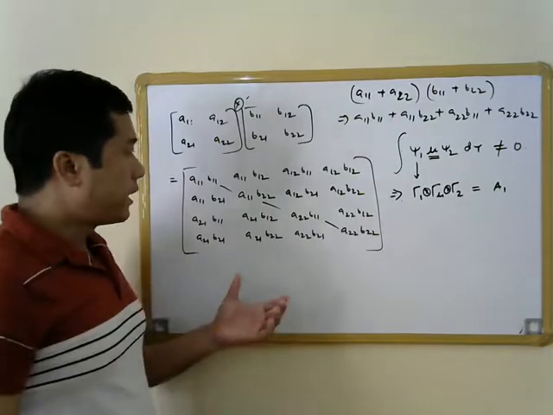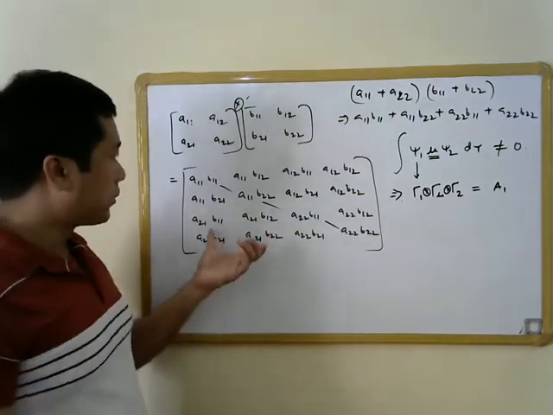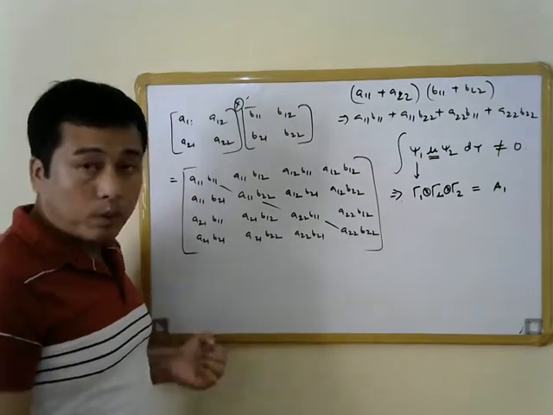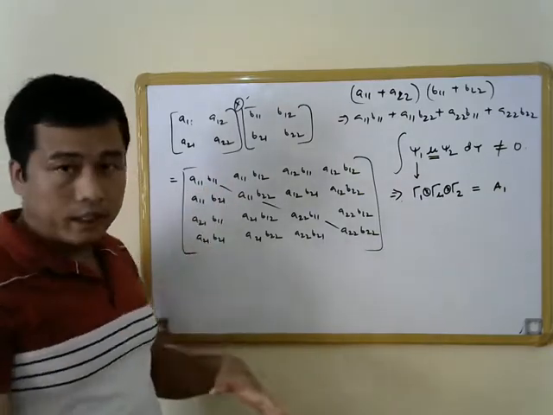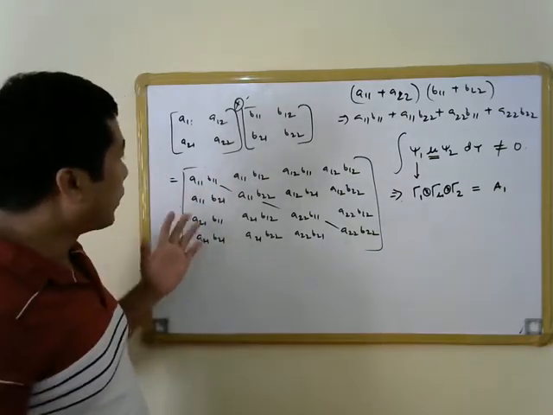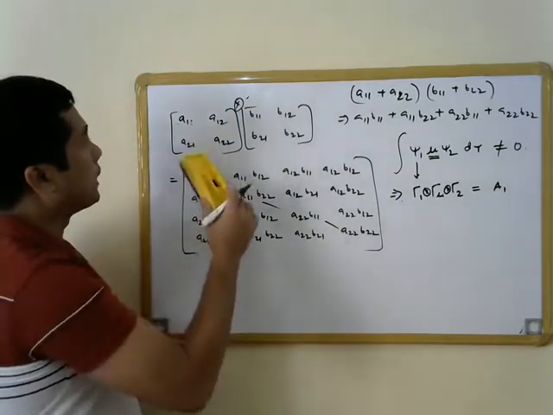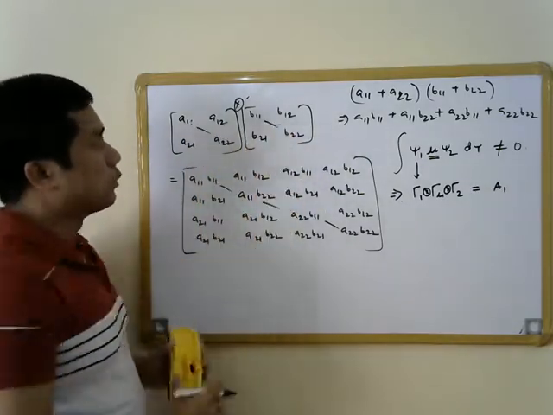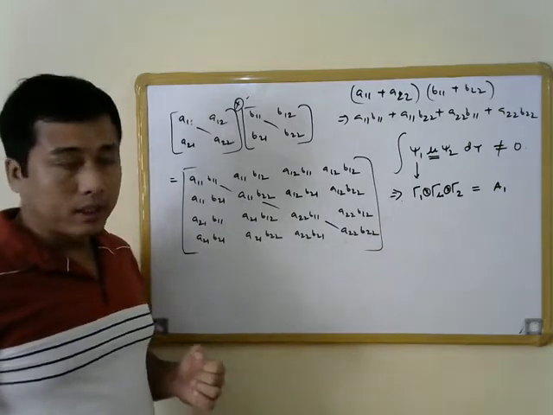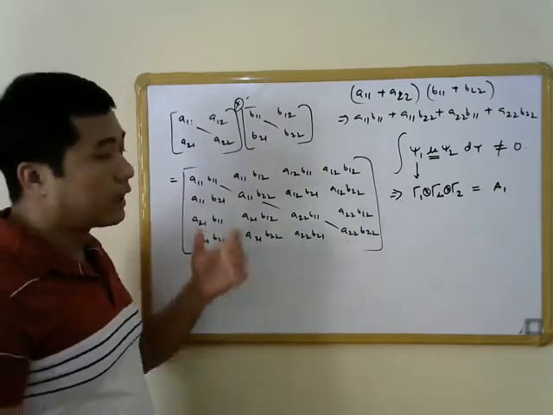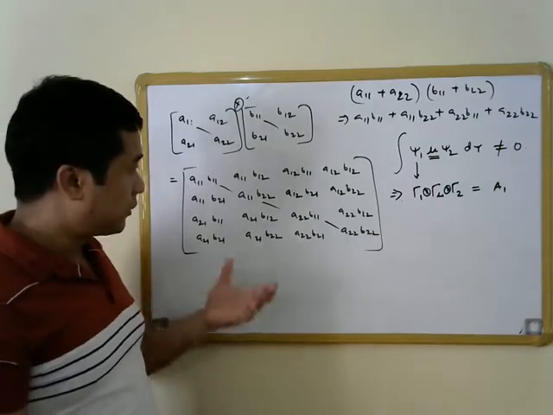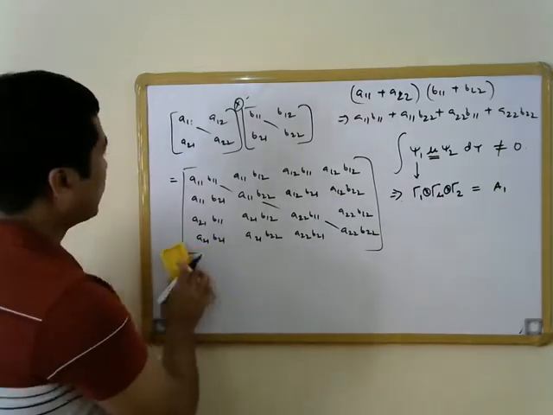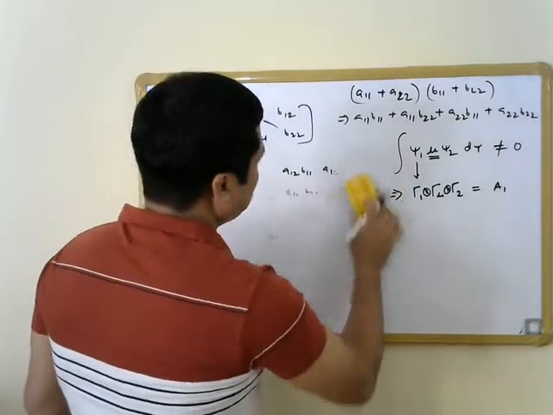So in order to derive the character of the resulting matrix after a direct product of two matrices, we don't need to know the entire matrix. We only have to multiply the characters of the two matrices, and that gives us the character of the resulting matrix. This simplifies the mathematical procedure.